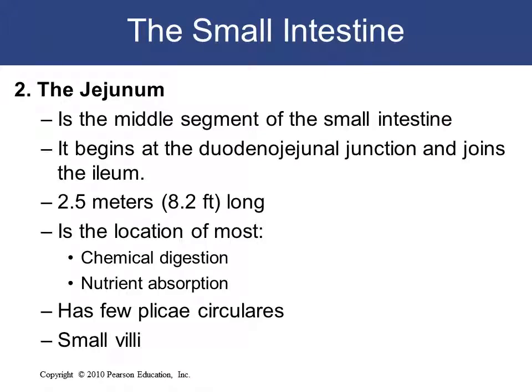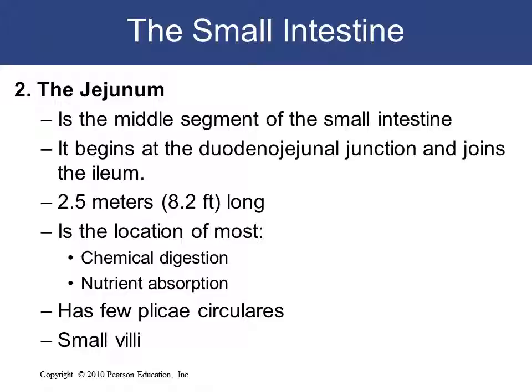The jejunum is the middle segment of the small intestine. It begins at the duodenojejunal junction and joins the ileum. It is about 2.5 meters long, and it is the location of most chemical digestion and nutrient absorption.